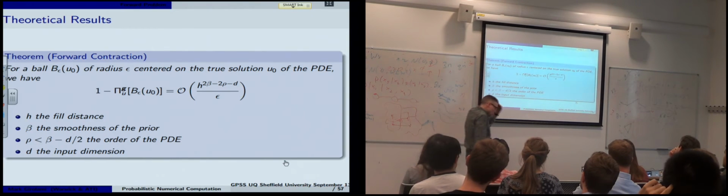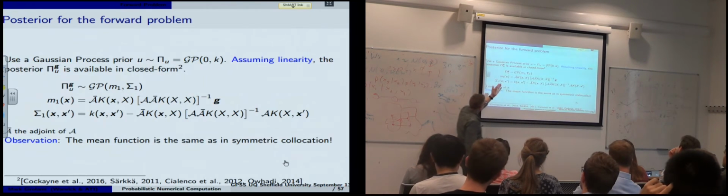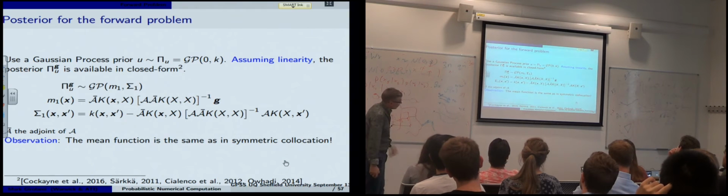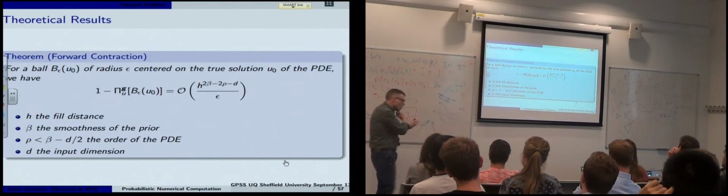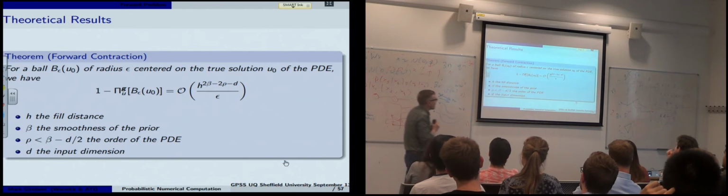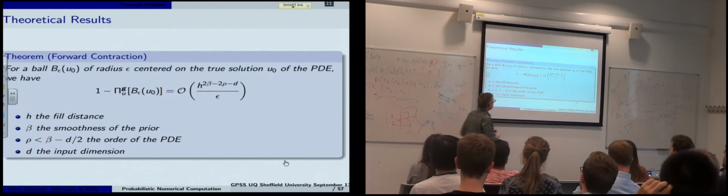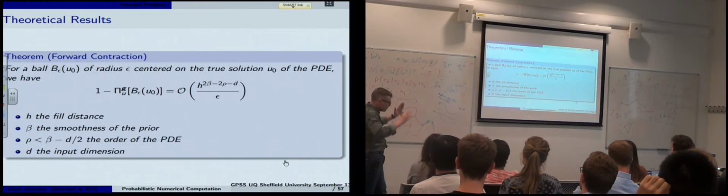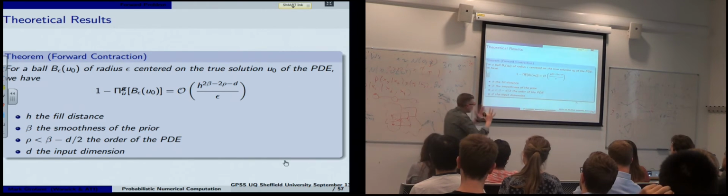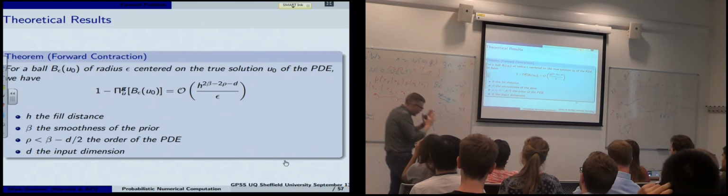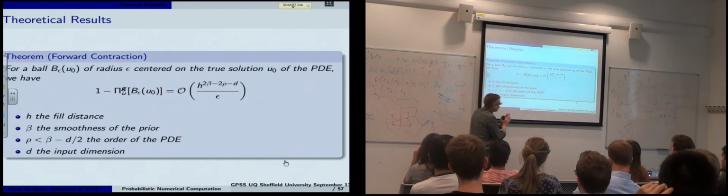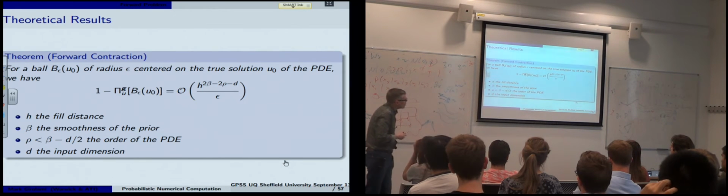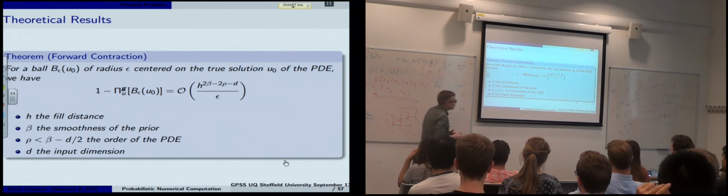It turns out that for a Gaussian process prior, the contraction of the posterior mass over the functions will concentrate on a delta function around the true value of our unknown function, and it will converge at a rate which is governed by a number of parameters, which are not surprising.